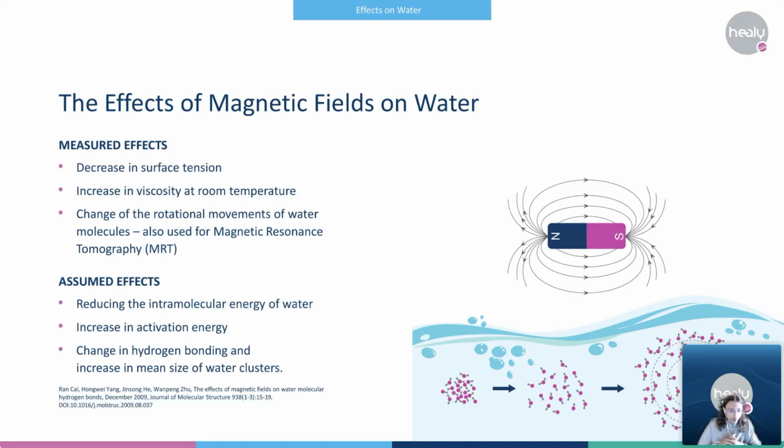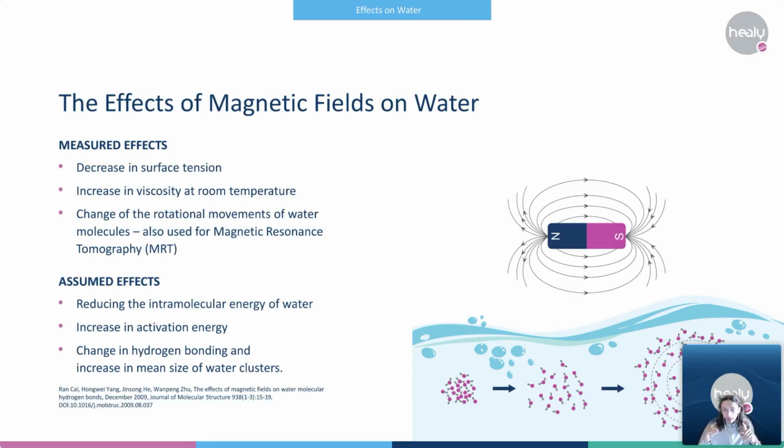And there are, of course, also assumed effects like reducing the intermolecular energy of water, increasing an activation energy, which means that they have more energy. You have more energy in the water, and a change in hydrogen bonding and an increase in mean size of water clusters.